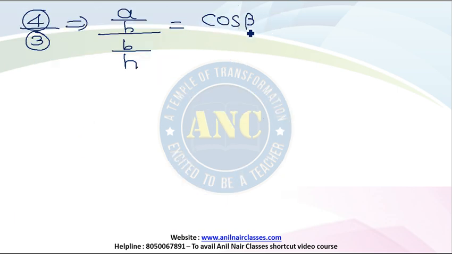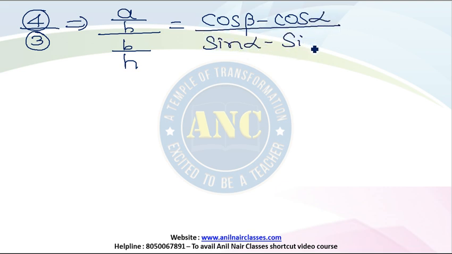I hope you are understanding. If you observe, H cancels, A by B is remaining, and that is what I need to find. So your final answer is cos beta minus cos alpha divided by sin alpha minus sin beta.